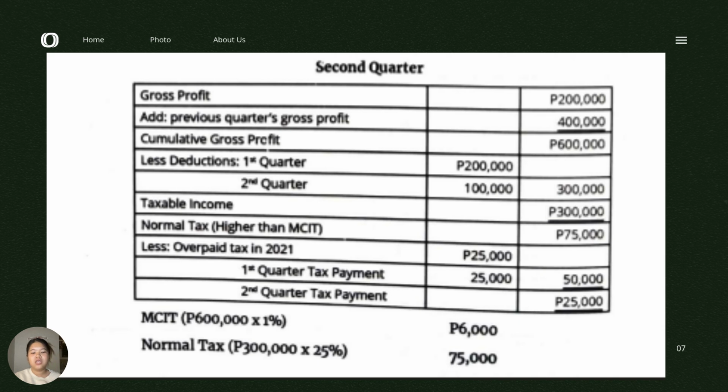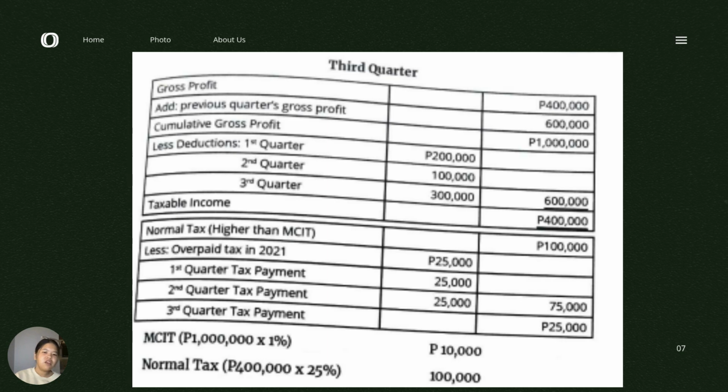So we will use the 75,000, since again the higher normal tax is applied. From the 75,000 tax due, total credits of 50,000, which is 25,000 from the prior year overpayment and 25,000 from the first quarter payment, are deducted, resulting in a second quarter tax payment of 25,000.